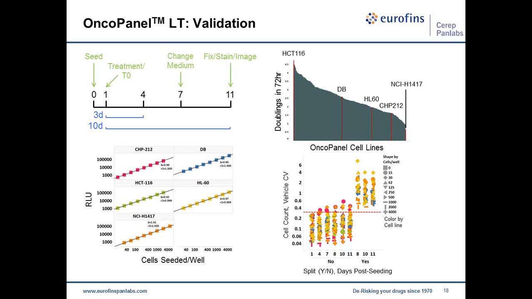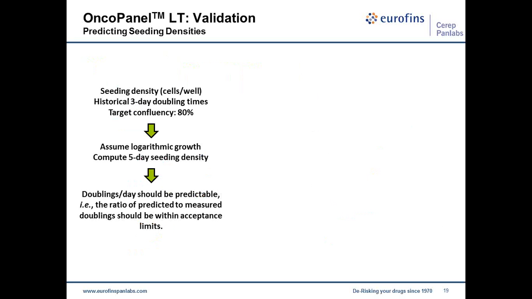When you contrast this with splitting the cells, so if you split the cells and you replate them, the CVs are completely unacceptable. So we knew that this was not going to be an option for us if we were to offer this assay and still adhere to the quality that our clients have been accustomed to.